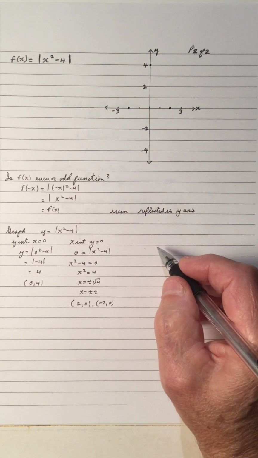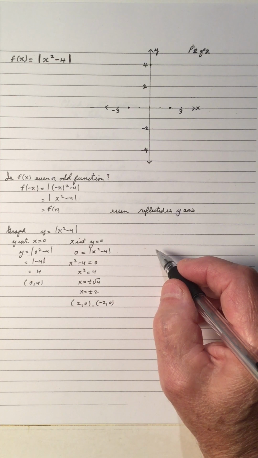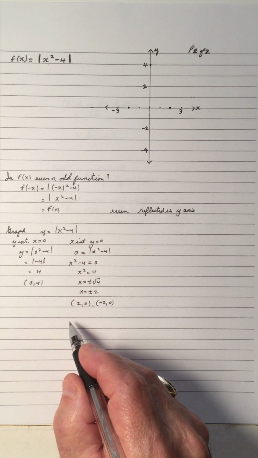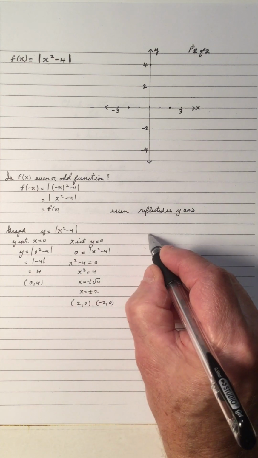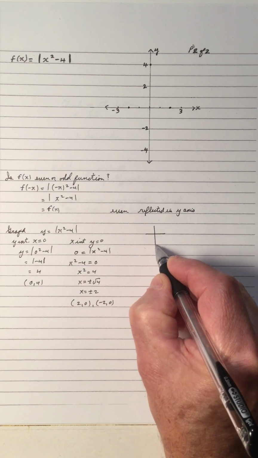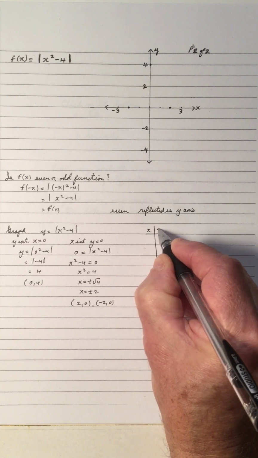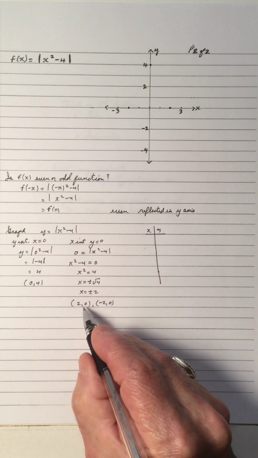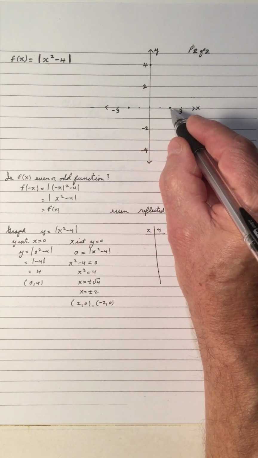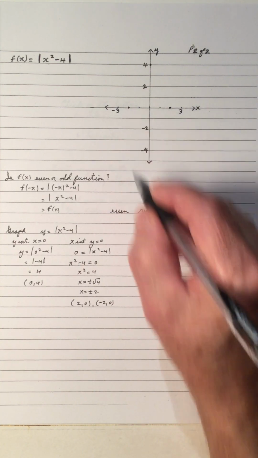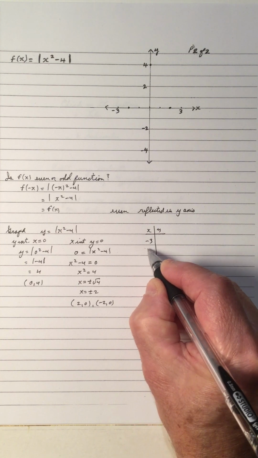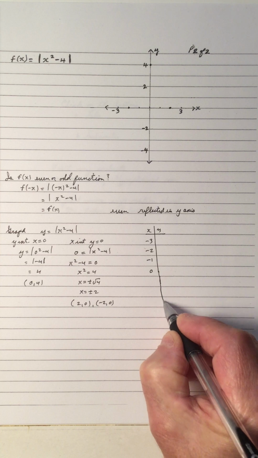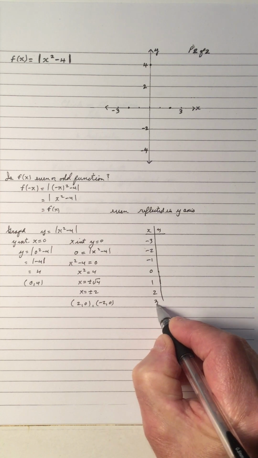Now what we have to do is make a table of values on these ordered pairs and see what they're doing. Let's look at the table of values. We know that we have negative 2 and 2. So let's look at negative 3, and then negative 2, negative 1, 0, 1, 2, 3.